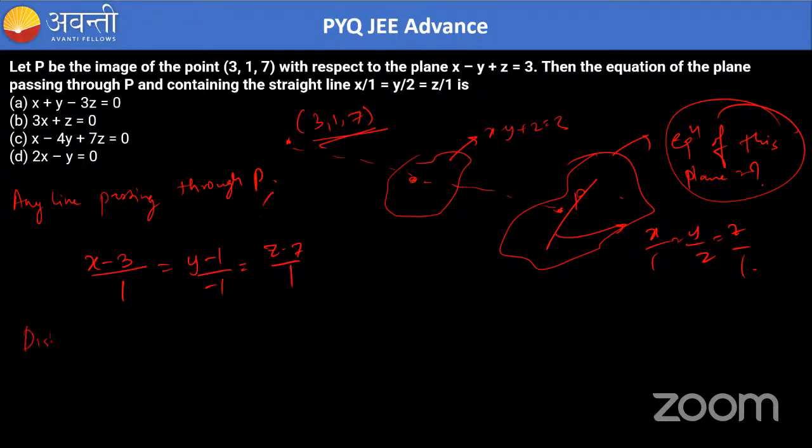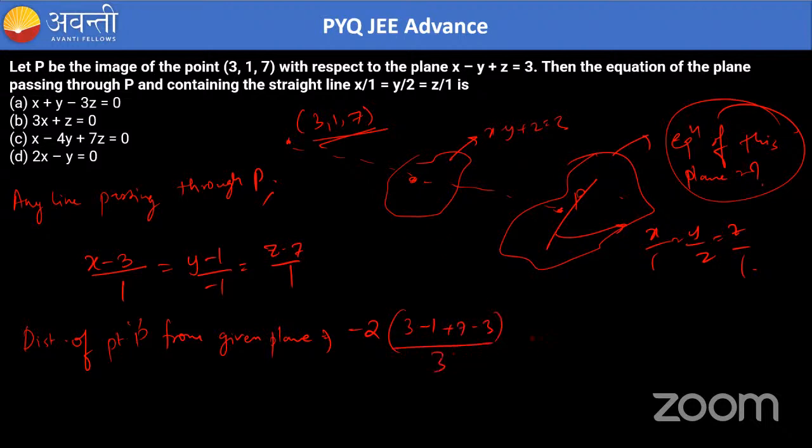Now the distance of the point from the given plane will be minus 2 times (3 minus 1 plus 7 minus 3) upon 3. So this will be minus mod of this, so this will come out to be 4, right?